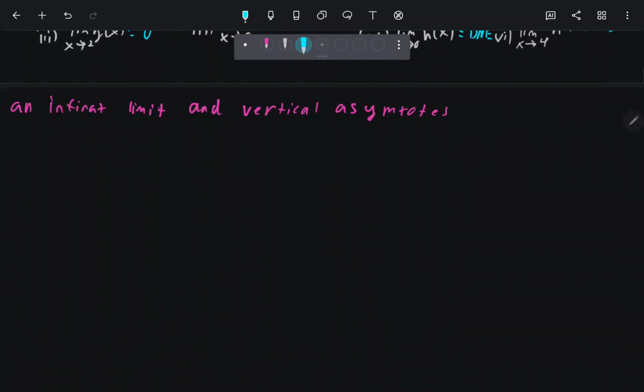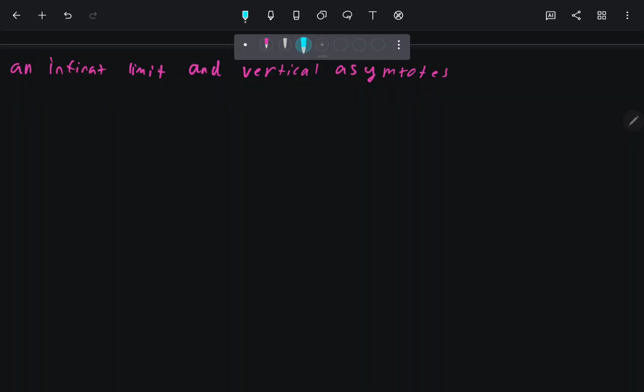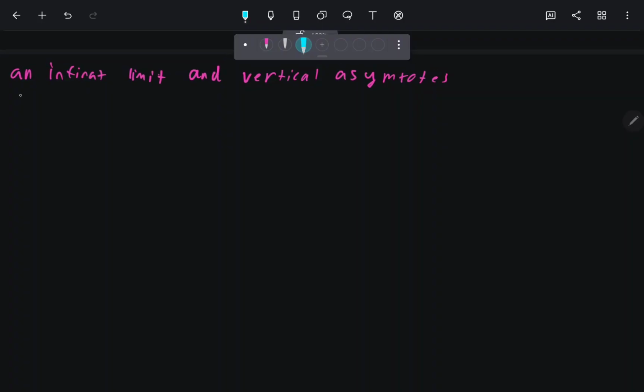Alright, let's look at limits at infinity and vertical asymptotes. These limits are surprisingly able to tell us a lot. An infinite limit is what happens at a. So we're still looking at a limit as x approaches a.